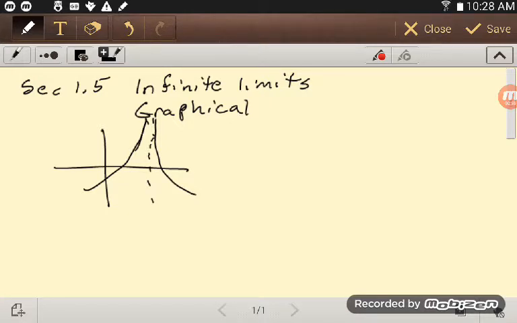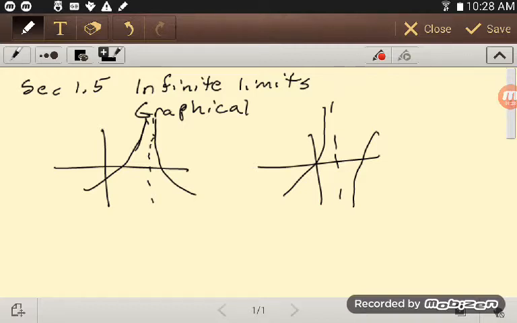If I can find that, then I have a limit, at least one side, because again, it could head up that way, but it might head down this way, so I could get an asymptote in something like that.